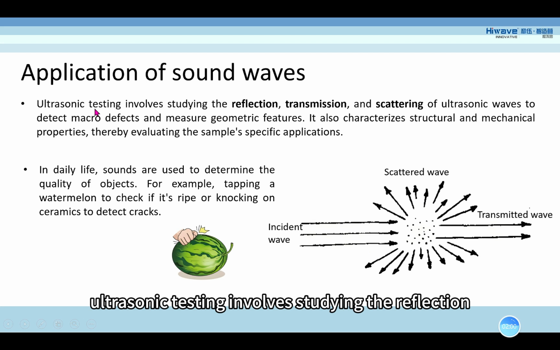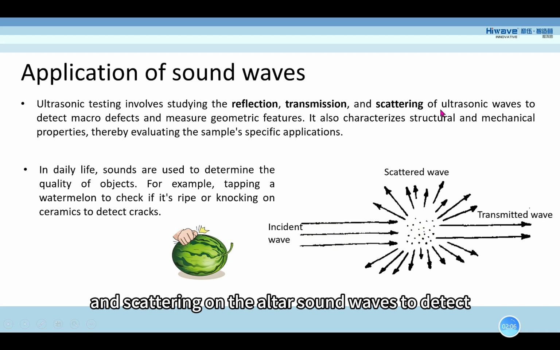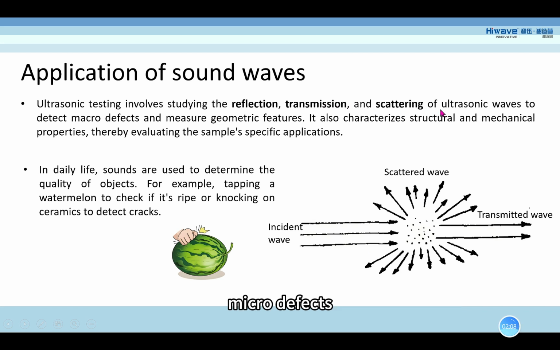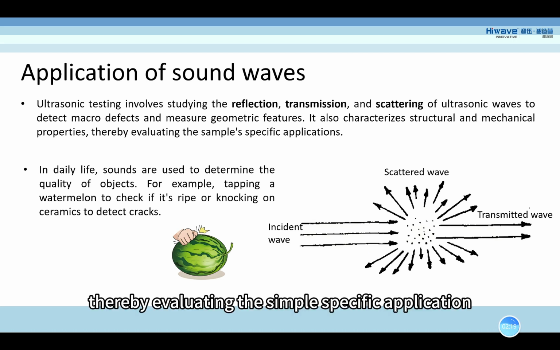Ultrasonic testing involves studying the reflection, transmission, and scattering of ultrasound waves to detect macro defects and narrow geometric features. It also characterizes the structural and mechanical properties, thereby evaluating the specific application.